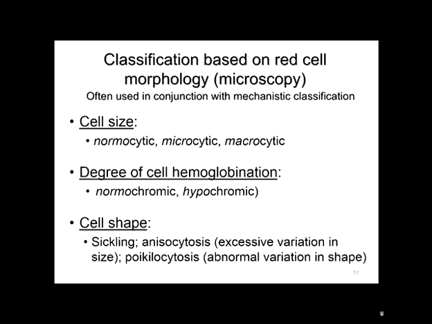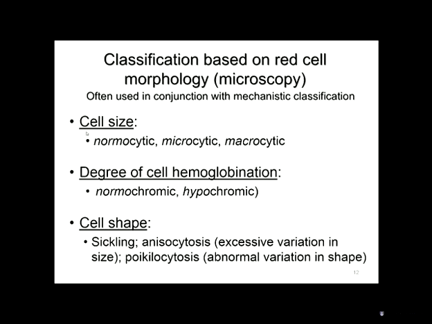And finally, when a physician reports anemia in a patient, they'll often use this classification in conjunction with the mechanistic classification. So they will use terms that describe morphology of the cells, which is something you can see on a smear.